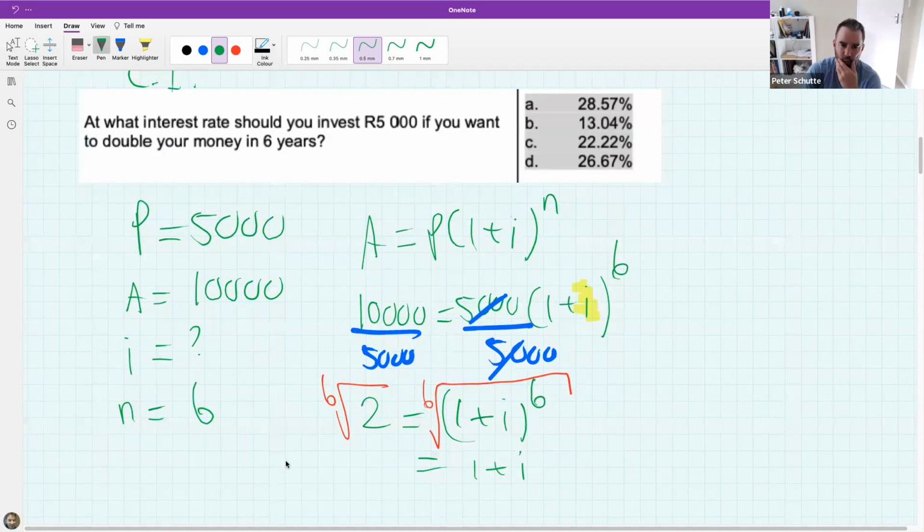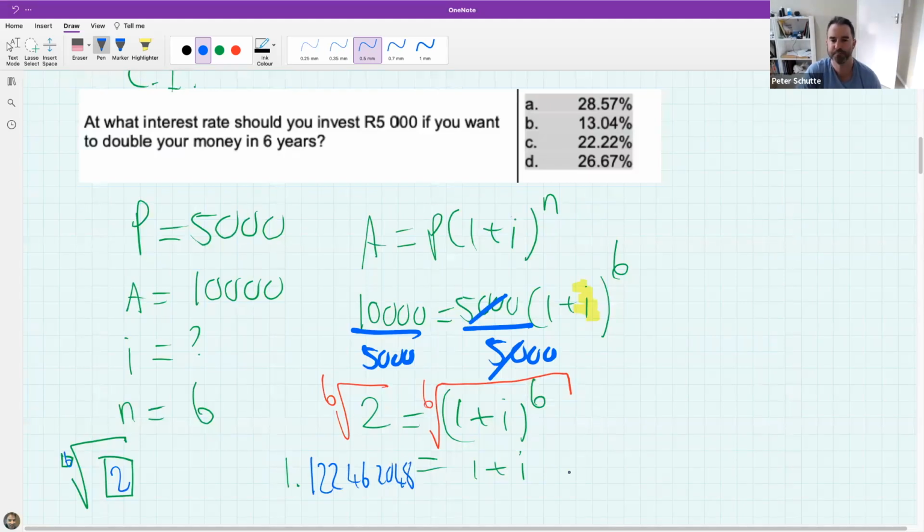It'll be 1 point something something. Now, it can't be 8 point because it's the 6th root. So if you look at your calculator, there's a button which looks like this and like this. And you want to put a 2 in here and a 6 over there. So I'm seeing 1.122462048.